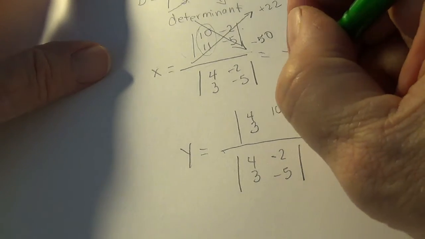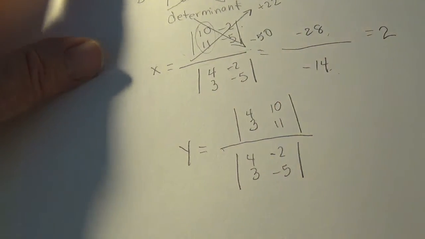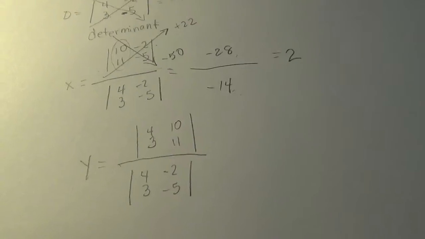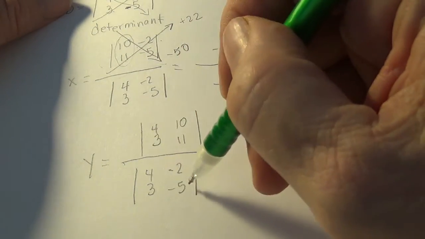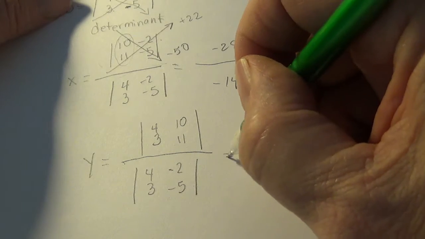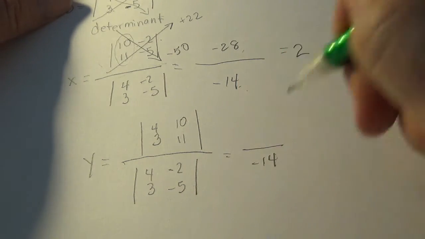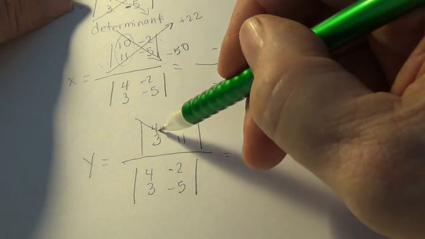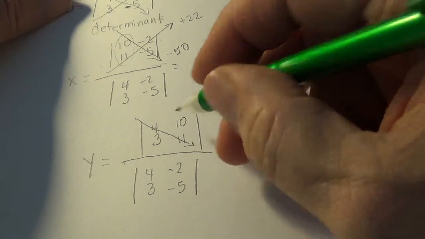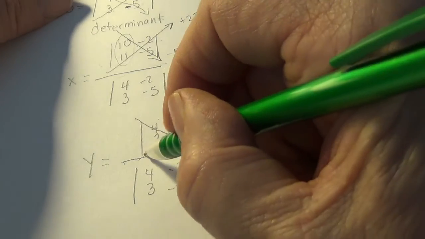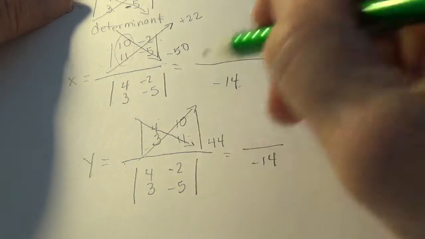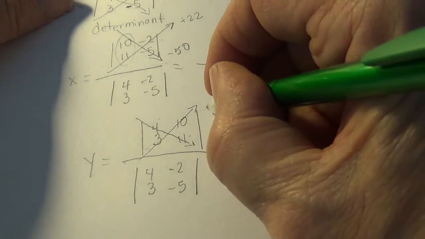Cramer noticed that this procedure works, and it gets us the correct x and y solution. So when we do the determinant down here, we already did that, it's negative 14. And the top, we get negative 11, positive 44, 4 times 11, and the opposite of 3 times 10, which is a negative 30.